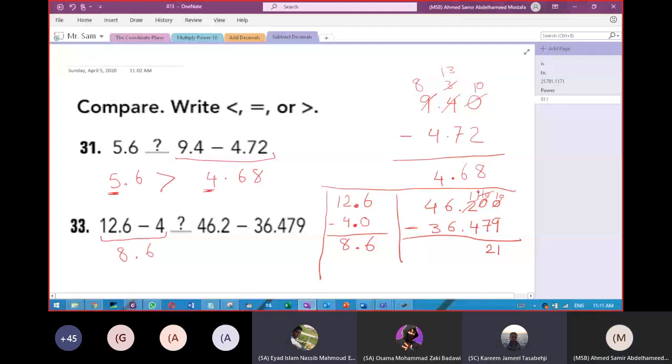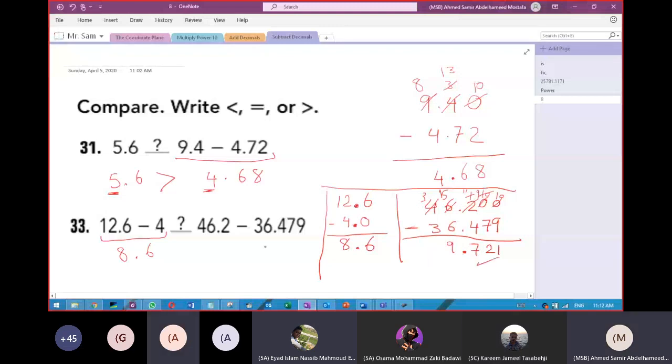The 1 will become 11 and the 6 will be 5. Right, so this would be 11. 11 minus 4 is 7. We put the decimal point. 5 minus 6 cannot be, so it becomes 15, and the 4 will be 3. 15 minus 6 is 9, and 3 minus 3 is 0, and it's not necessary.